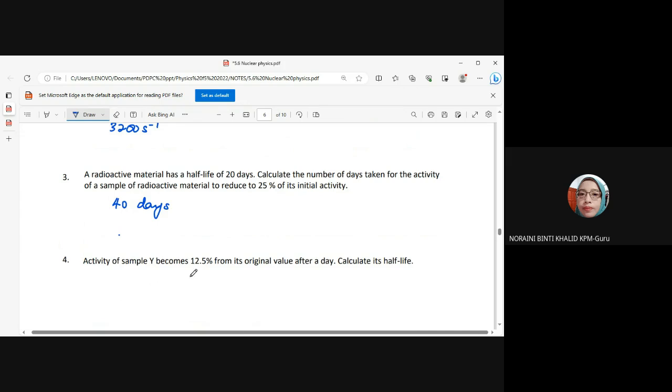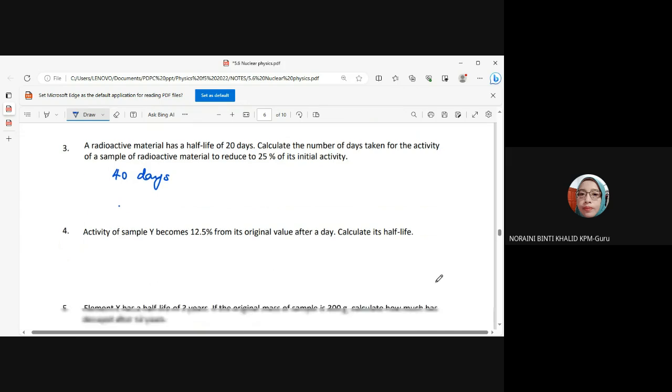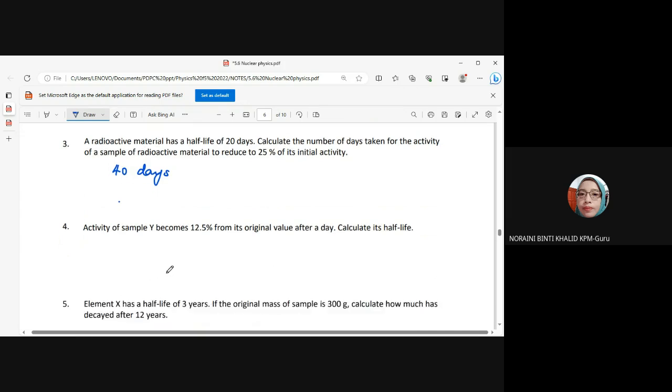Okay, number 4. Half-life. Sample Y become 12.5% from its original value after a day. Calculate half-life. Dia dah bagi dah 1 day time taken.